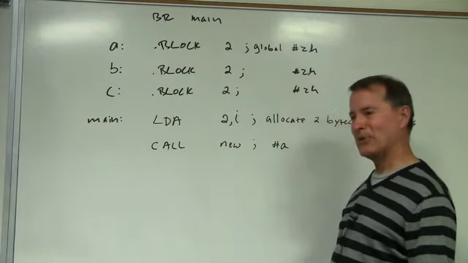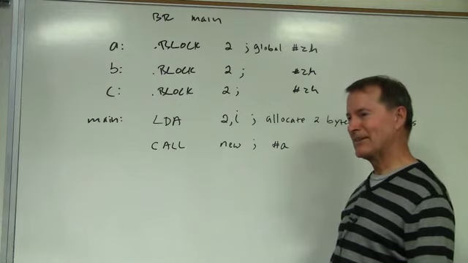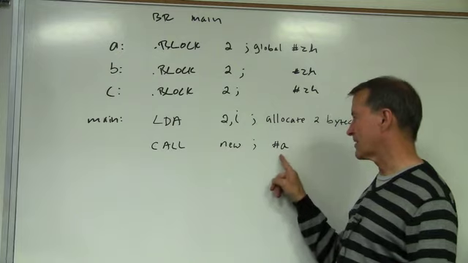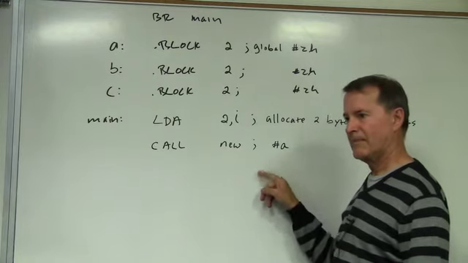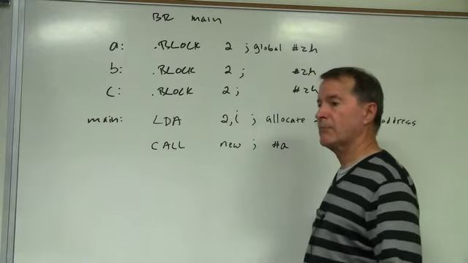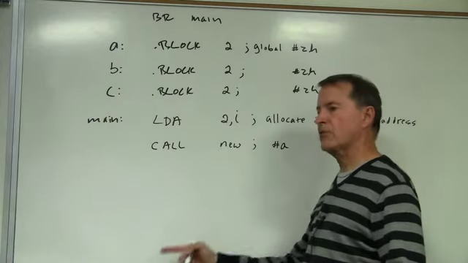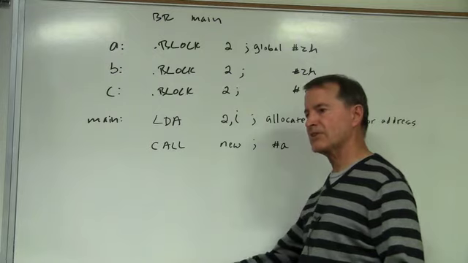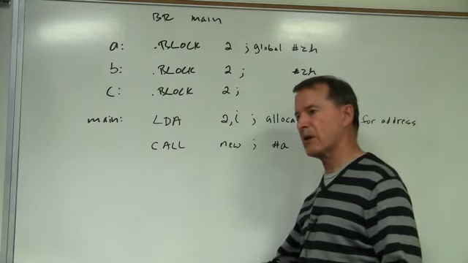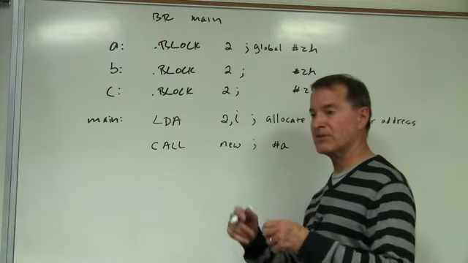Well, I don't know what it would do. The debugger part would get very confused. Do you think it would just pick either our symbol or the one that's preset? No, the only way this will work is if new is the start address of the new routine, which is at the bottom of the program. So it would be multiply defined symbols.